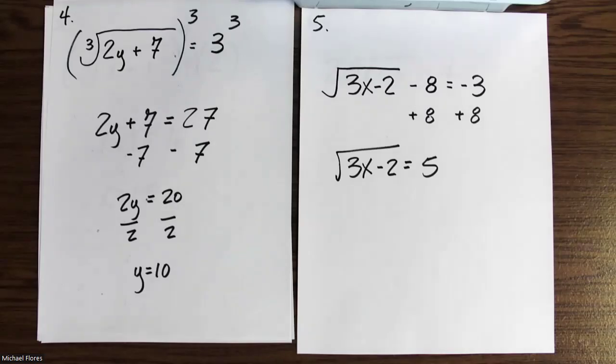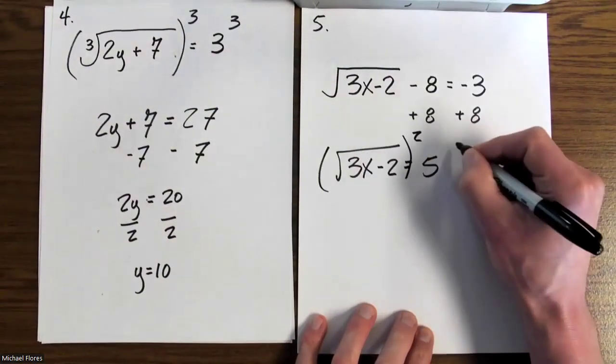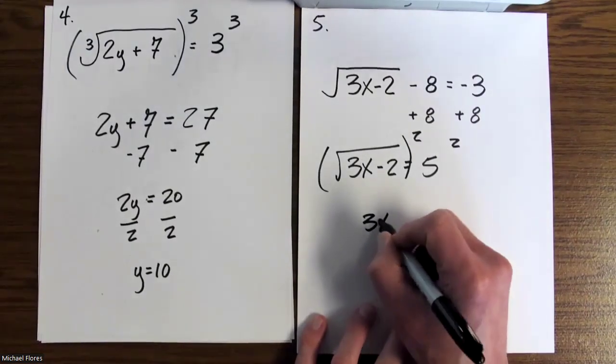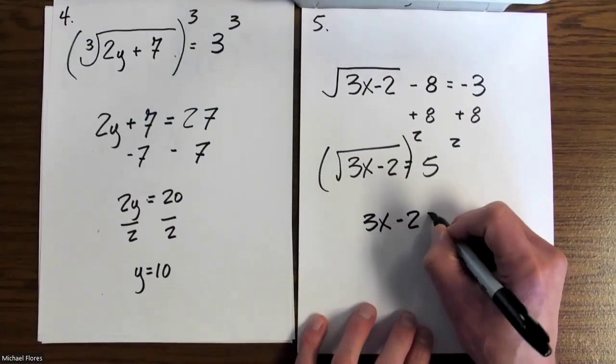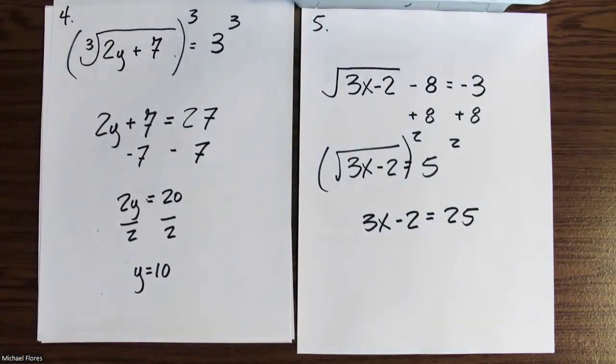Now we can get rid of the square root by squaring both sides. And I bet you've got it from there. Add 2, divide by 3, x equals.